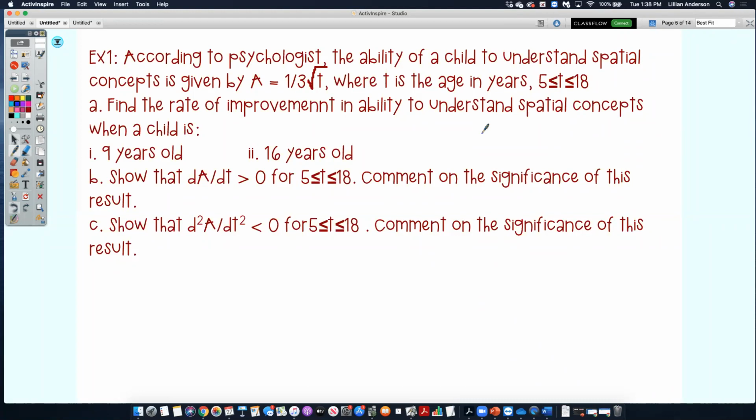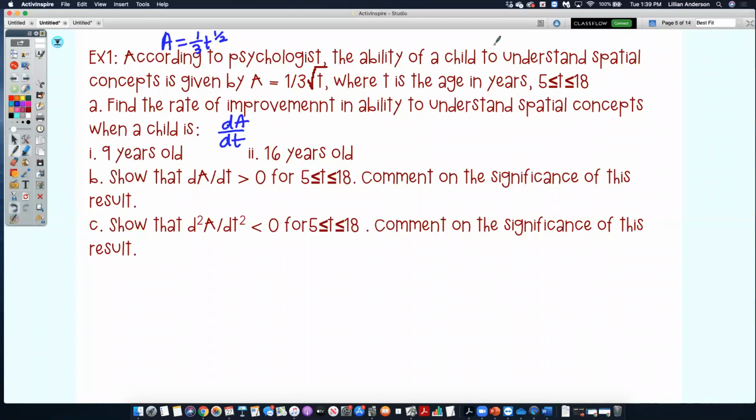So take a moment, find the derivative of A, so find dA over dt. And then evaluate it when t is 9 and when t is 16. Don't forget that the square root can be written as a rational exponent.